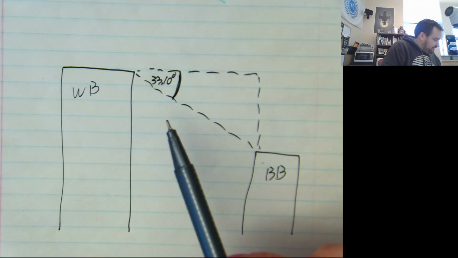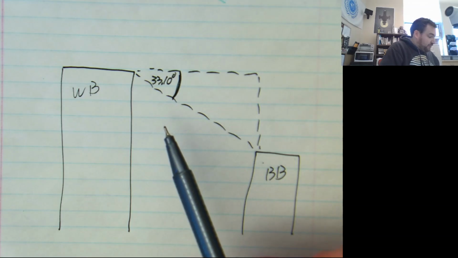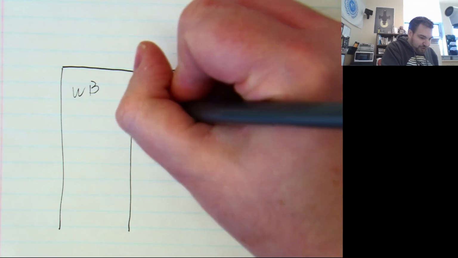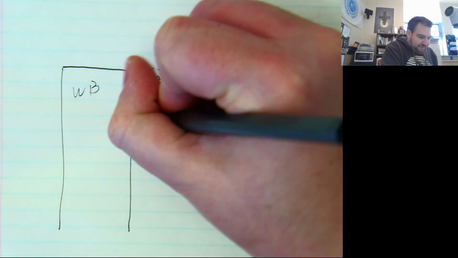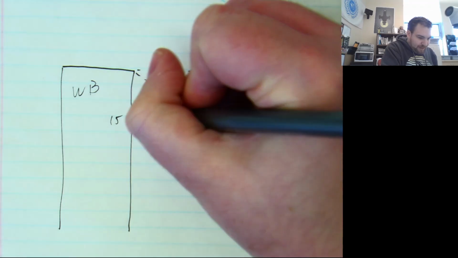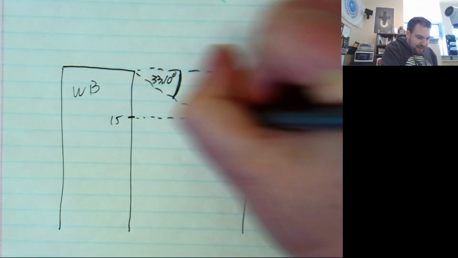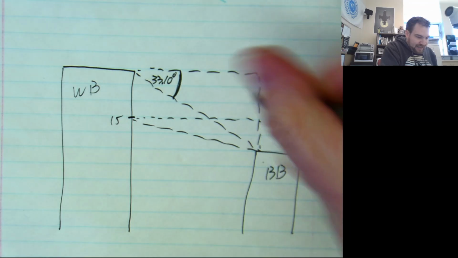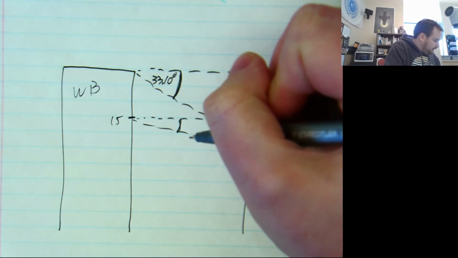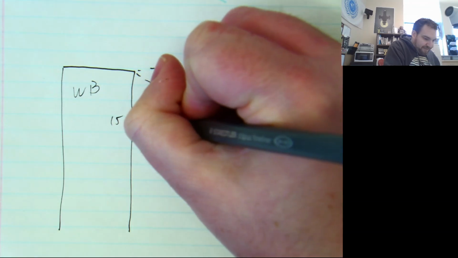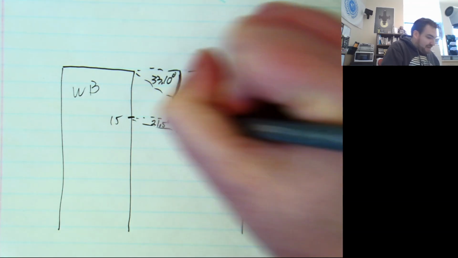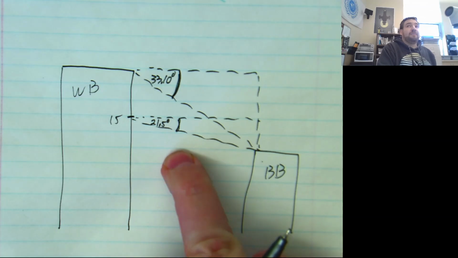And then it says from the 15th floor, it's 21.50. So you're here, let's call that the 15th floor. And then you're looking across again and you go down. This angle here is 21.5. This is how it should be drawn.